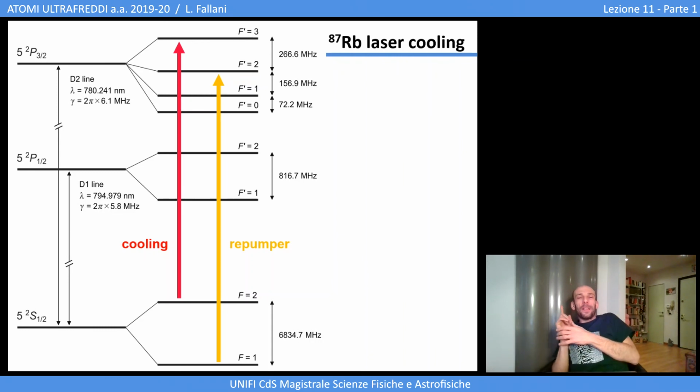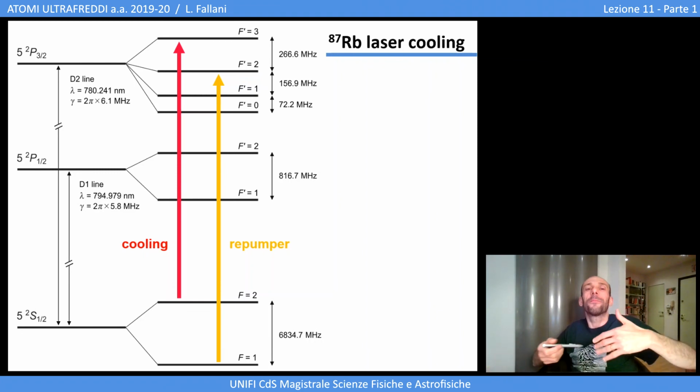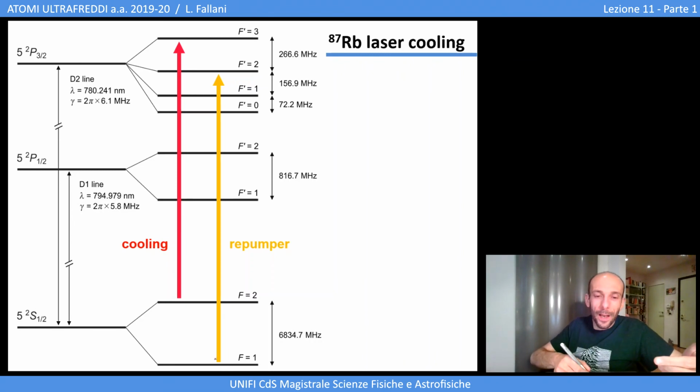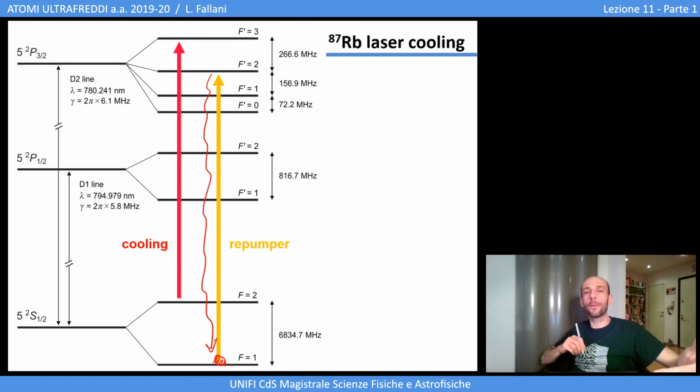So this is an additional laser that you need to put, that has the only purpose of taking the atoms that accidentally have arrived to this state because of decay from the F' = 2 state.